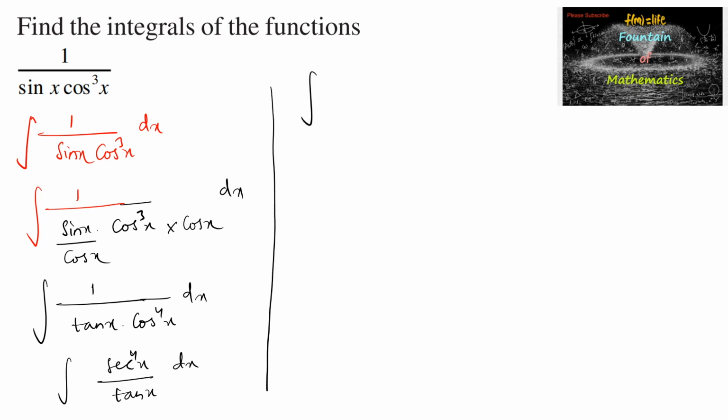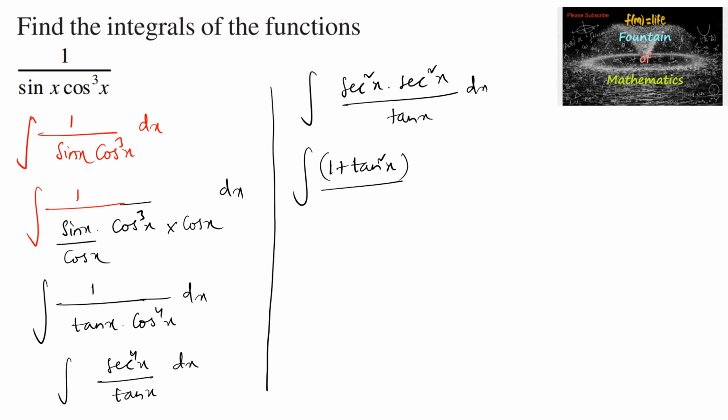And the numerator secant^4 we can write as secant^2 x into secant^2 x upon tan x, and one of the secant^2 we can write as 1 plus tan^2 x divided by tan x into secant^2 x dx.